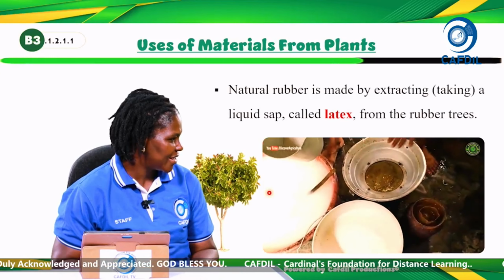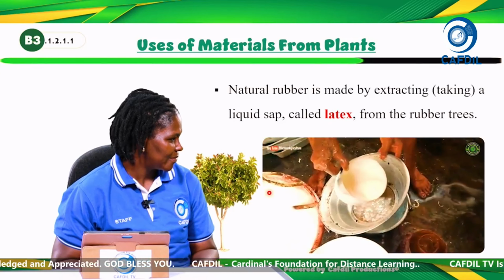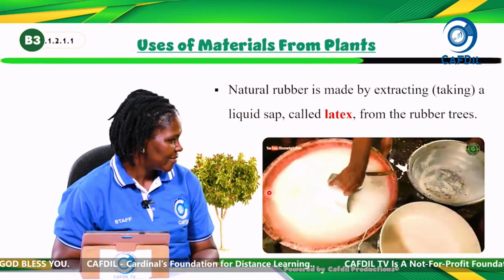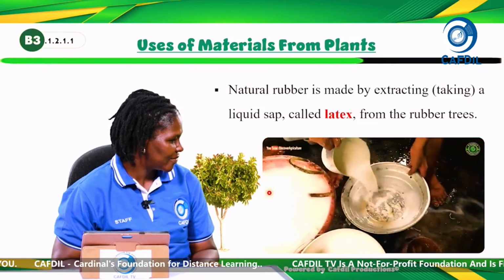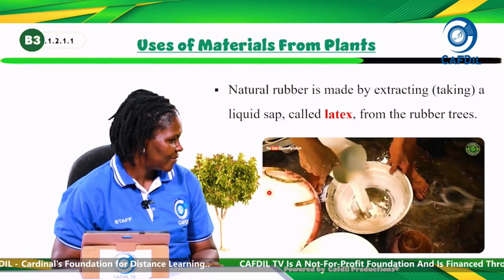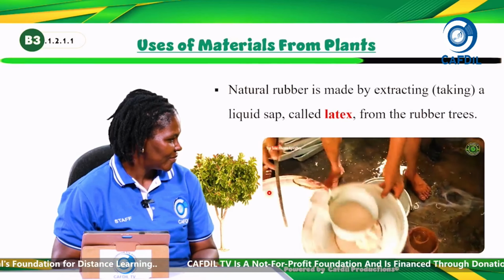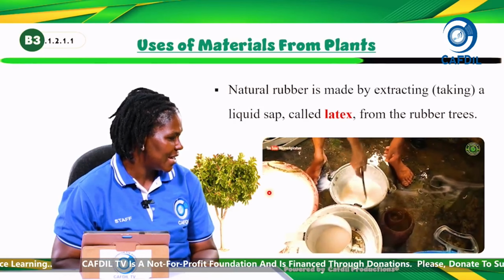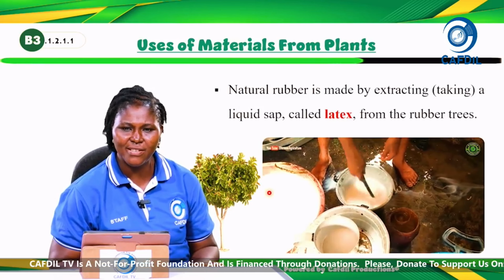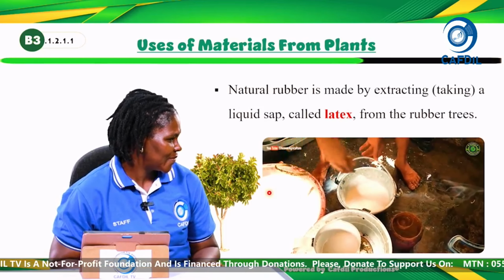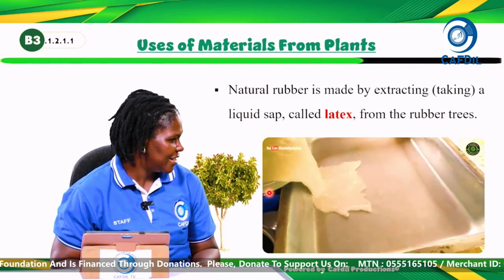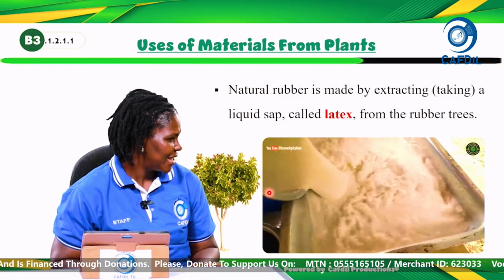Very nice video. They'll put it in. Good, and they will stir. They add another liquid to it, and then they will stir. From here, then they will go and put it in a basin.